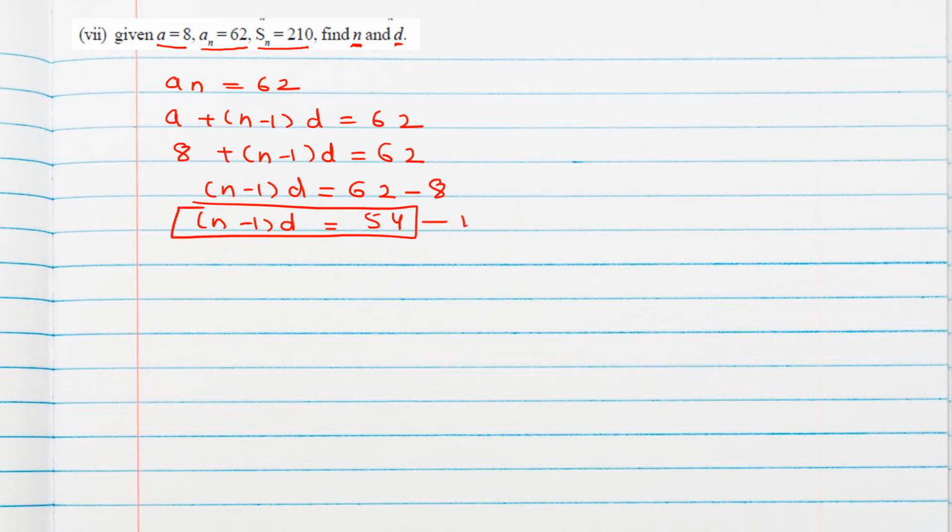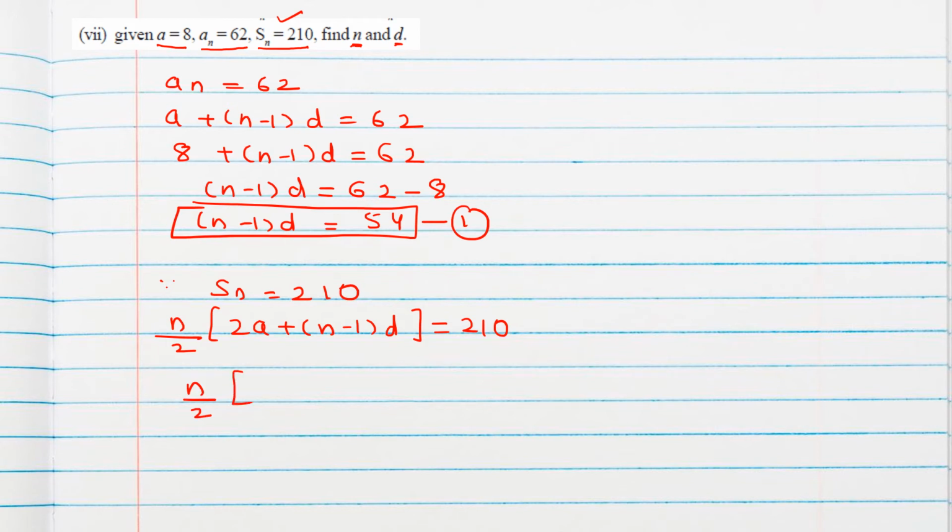Okay, so this expression we will keep here as equation 1. Now we will solve for Sn. Since Sn is given 210, apply the Sn formula: n by 2, 2a plus (n minus 1)d equal to 210. n is not given, okay? And a is given 8. So here we will substitute 8. And see, this expression (n minus 1)d we can substitute from equation 1, which is 54, because n is also not given and d is also not given.